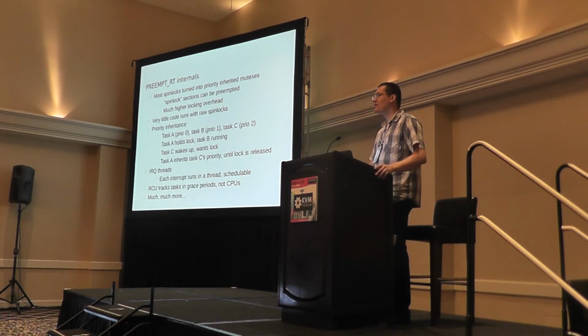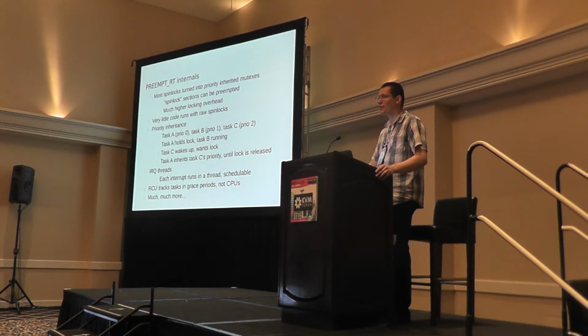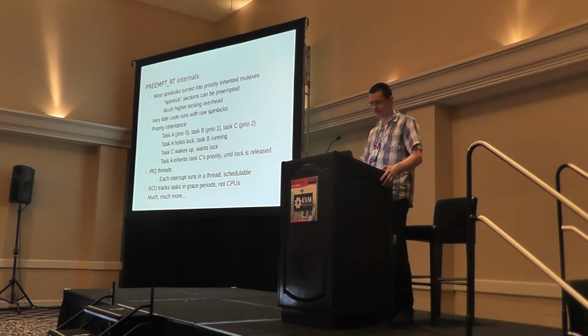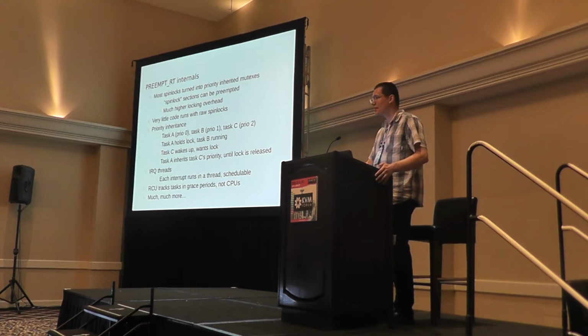It greatly increases the overhead of these locks, which makes throughput of everything lower. But it allows us to always interrupt, preempt whatever program is running. There's a little bit of code left running with raw spin locks, but not much at all. We do priority inheritance. I'll get to that again in the next slide.